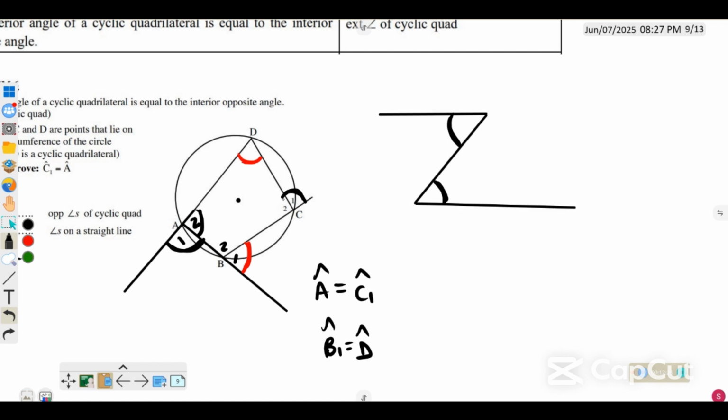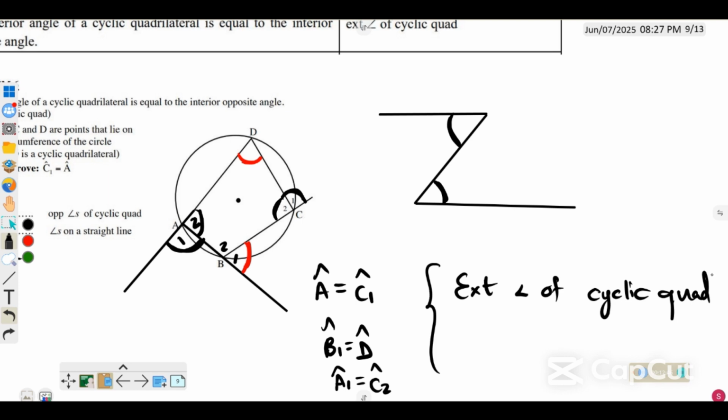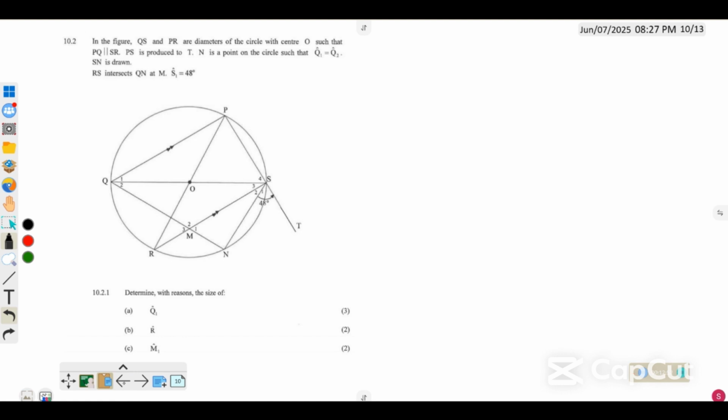We skip this, we take that. So angle A1 would have to be equal to angle C2. Makes sense. And this is under the exterior angle of a cyclic quad. And you do not have to prove this. Lucky for you. If you know how to prove the previous one, you must know how to prove this. This one is not a common proof.